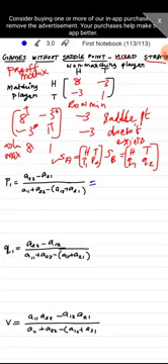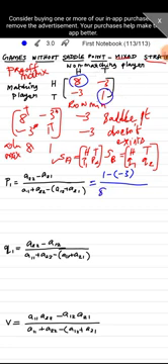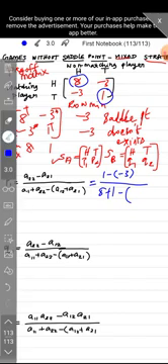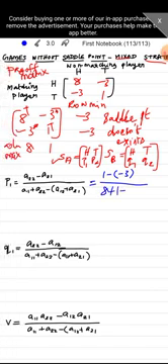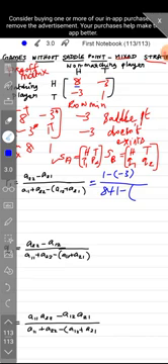P1 equals, what is the formula? A22 minus A21, so we get 1 minus (-3), divided by the denominator, which is A11 plus A22 minus (A12 plus A21). So 8 plus 1 minus (-3 minus 3).